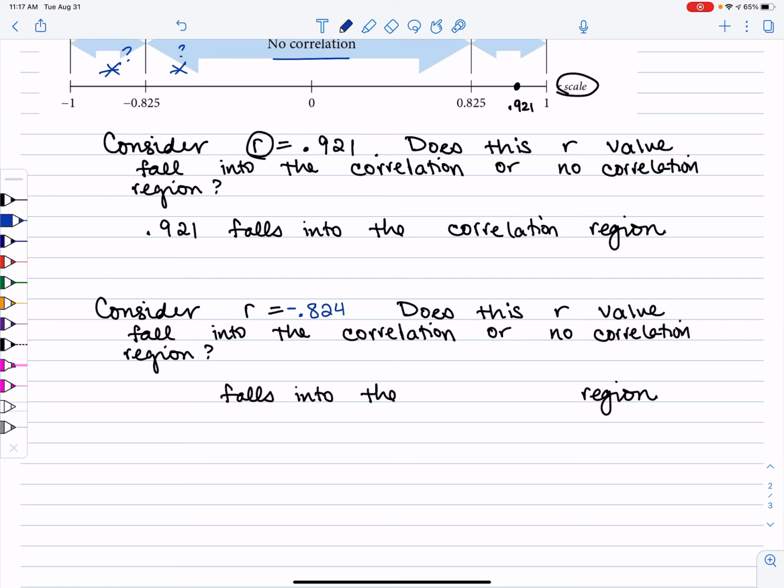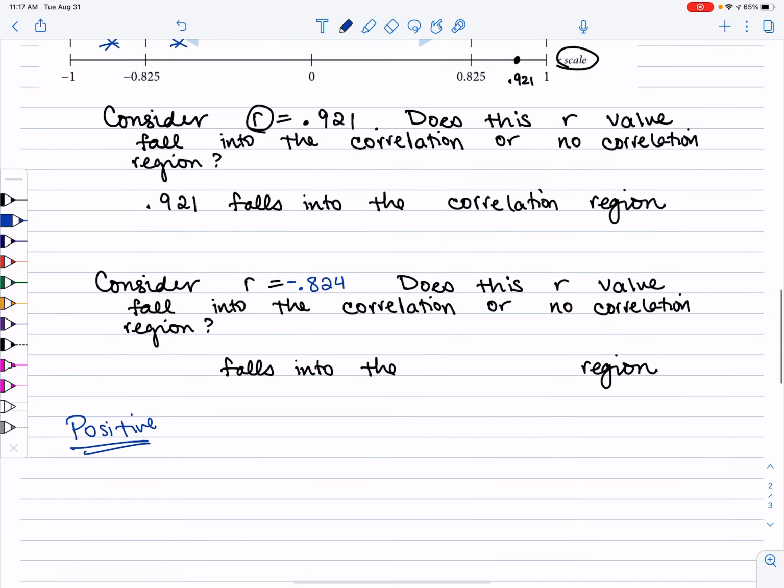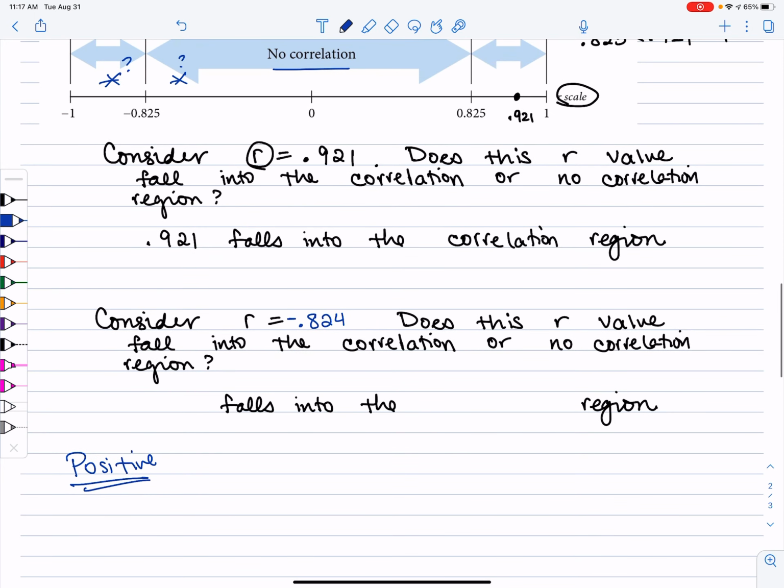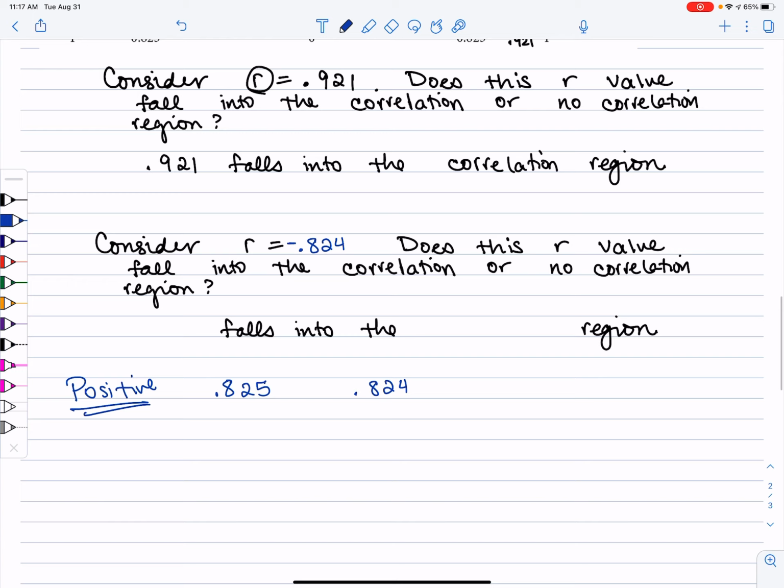So in the positives, got to be careful, okay? So in the positives, we have 0.825 and 0.824.